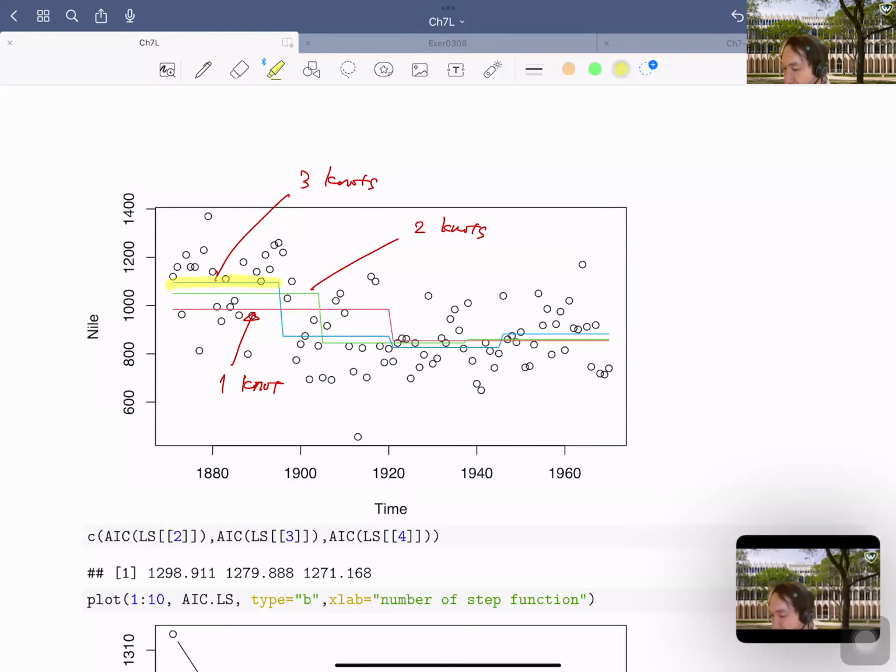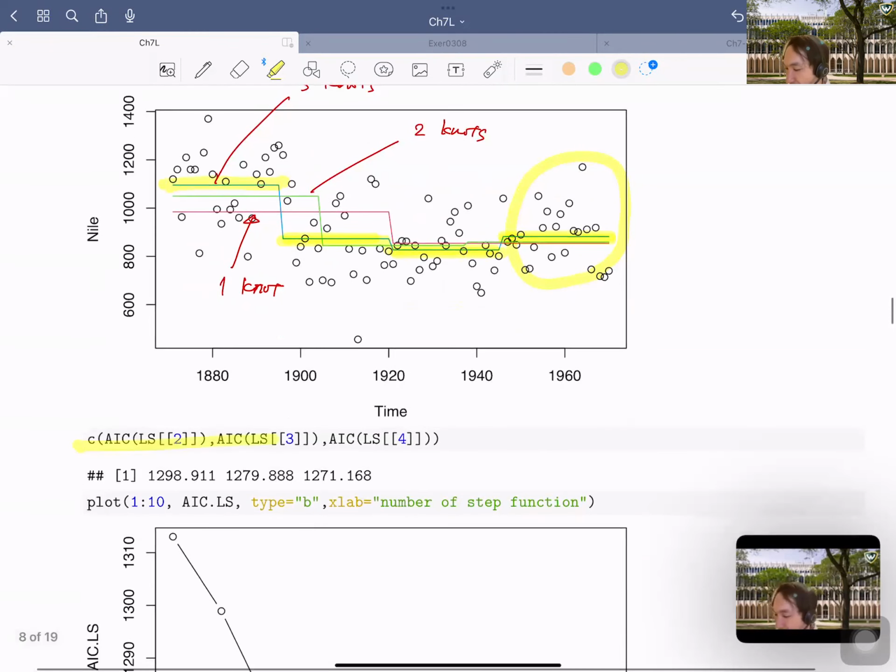In the first 25 years the level is higher, and the next 25, the third 25 and the fourth 25 years are at almost the same level. Actually, in this range the water level is slightly higher, I think. So it makes some sense, but you can see that these 3 levels don't differ much from each other.